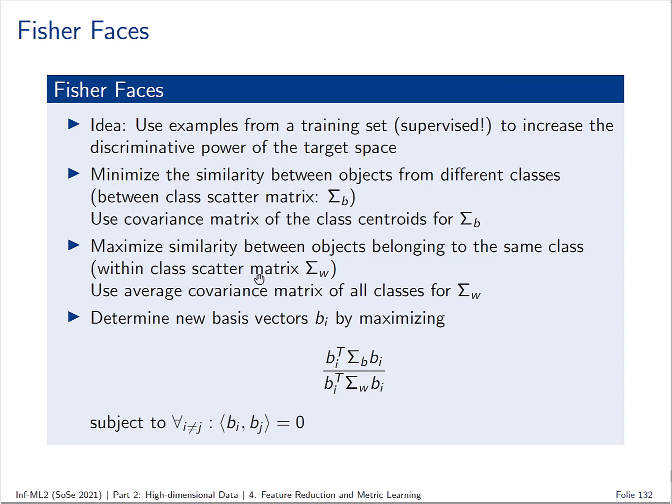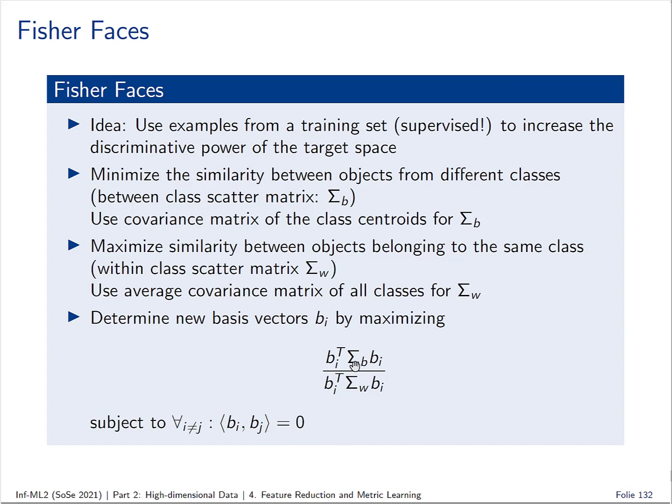And these are the directions for the within class distances or similarity, so here we want to minimize these directions. In the end we want to have a new basis, so we look for new basis vectors. And these should be basis vectors, so they should be pairwise orthogonal, perpendicular to each other. That is the side constraint here.